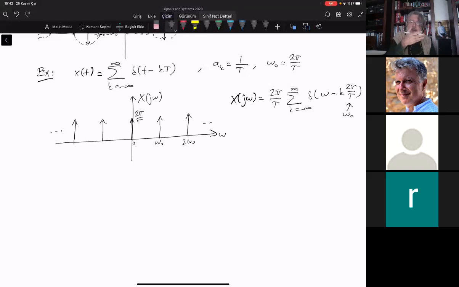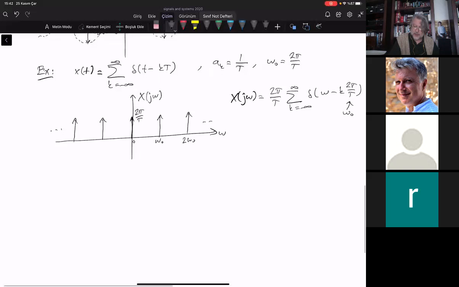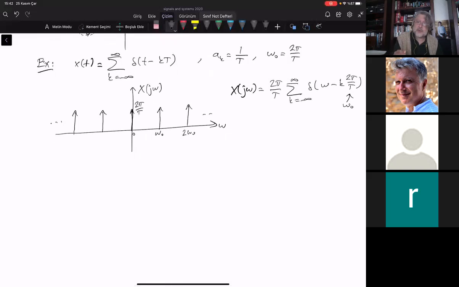So an impulse train signal and its Fourier transform is also an impulse train. That's interesting because there is another way of solving the same question with a different answer, but those two different answers are essentially the same answers. An alternative solution of the same thing is the following.